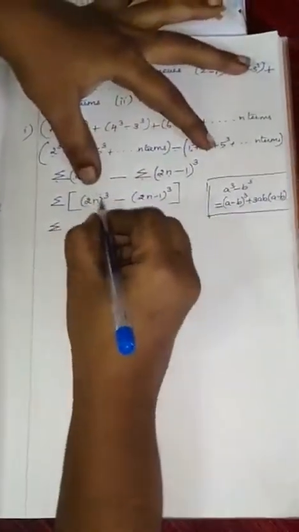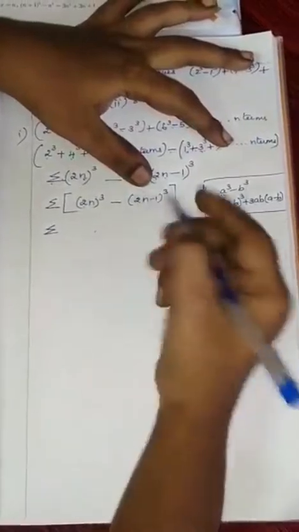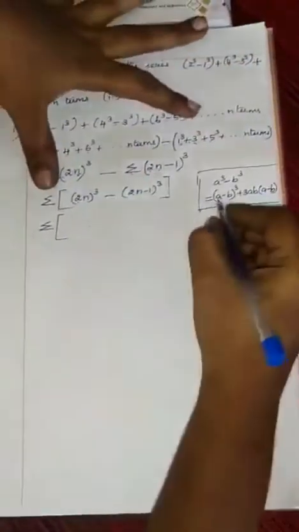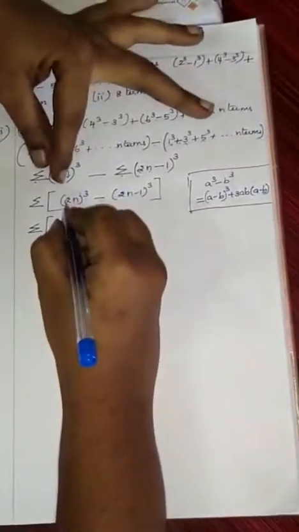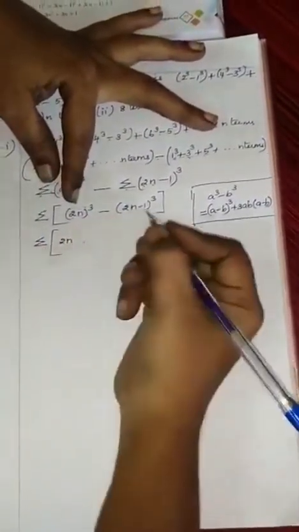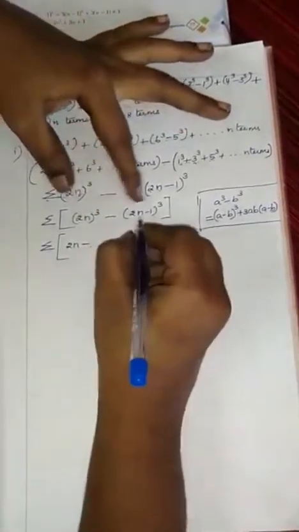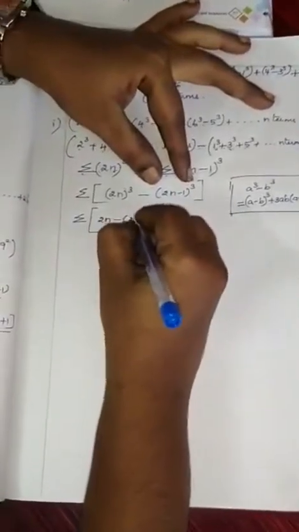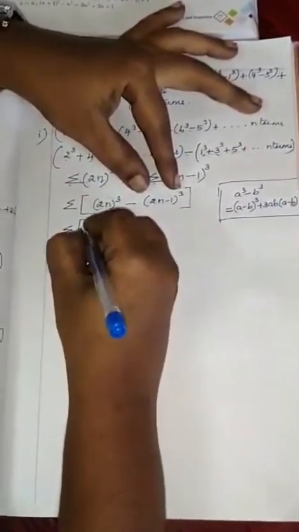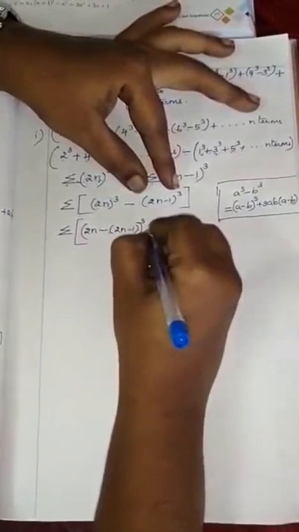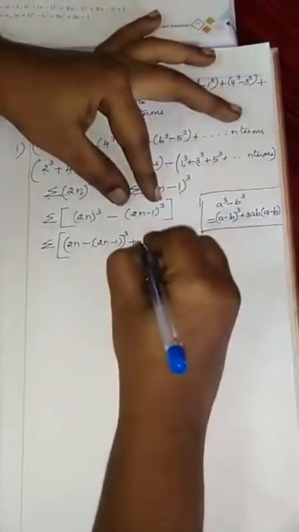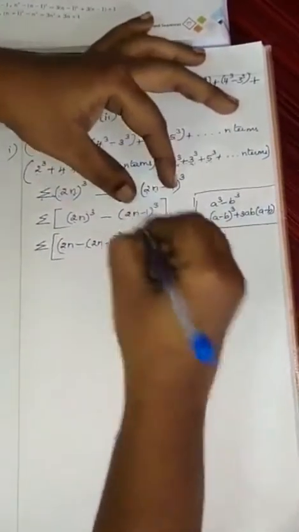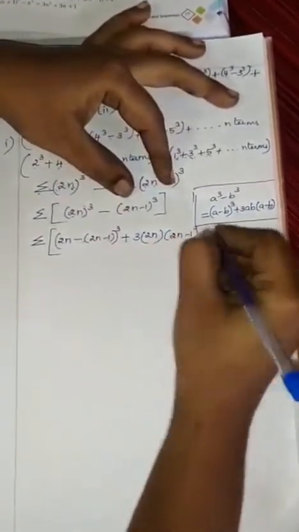Now this a value is 2n, b value is 2n minus 1. So apply the formula, summation of, put the bracket commonly, (a minus b) the whole cube. a is 2n, minus, as I have minus of (2n minus 1), put the bracket, (2n minus 1) the whole cube, plus 3 into a into b. 3 into, a is 2n, into b is (2n minus 1).